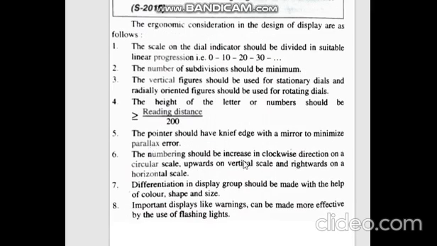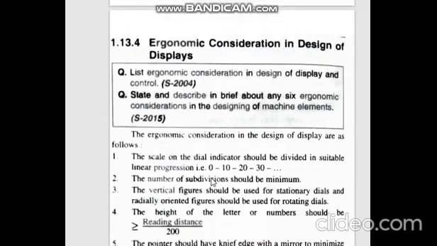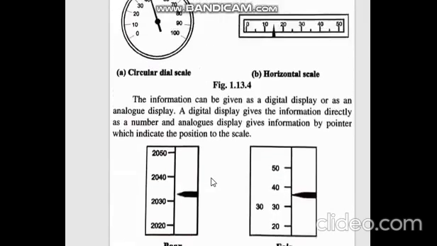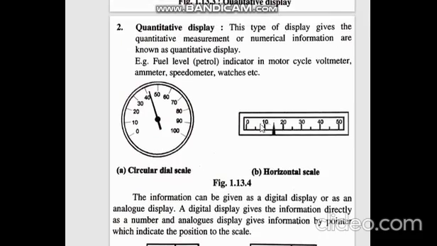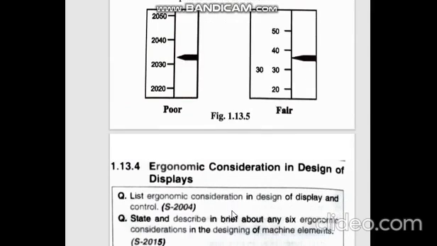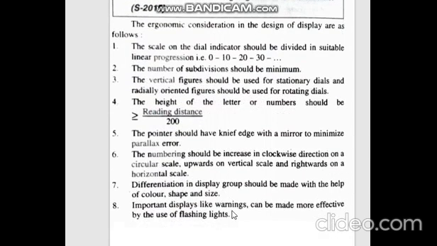So the numbering should increase in clockwise direction on a circular scale, upwards on vertical scale, and rightwards on a horizontal scale. If it is a horizontal scale, it should increase rightwards. That means 0 should be on this side, and as you go to the right, the numbers should increase. Okay, so that is how in 3 types you should be numbering them.